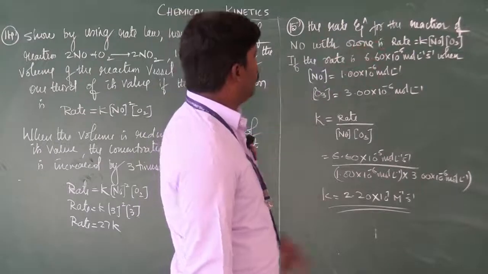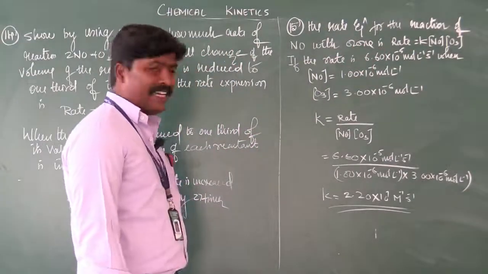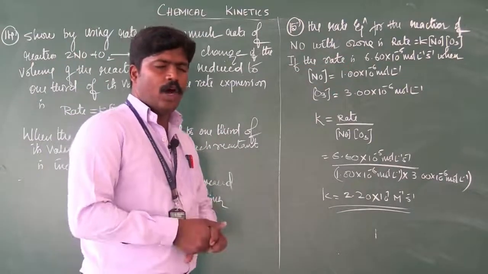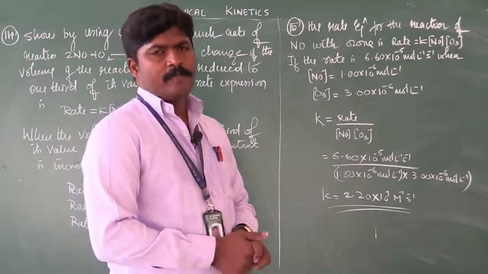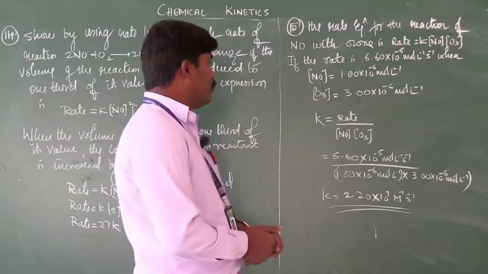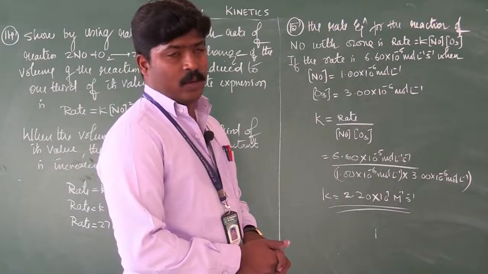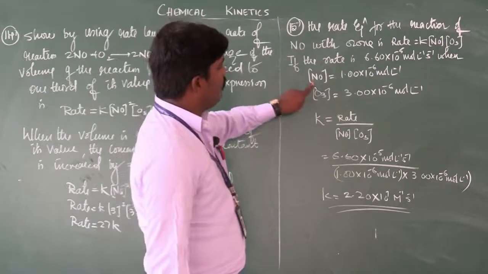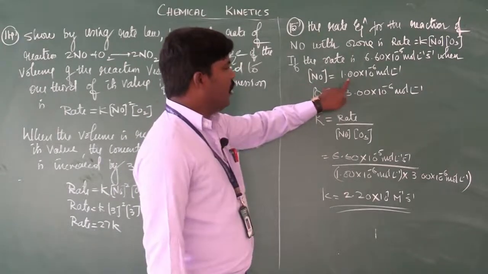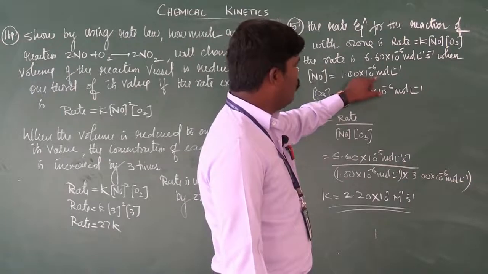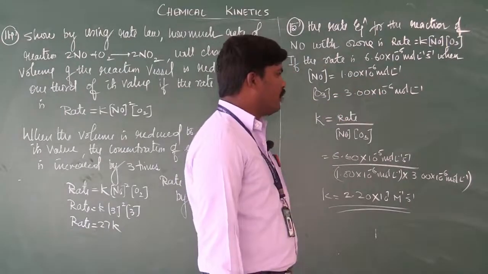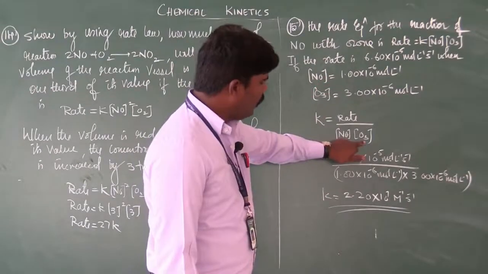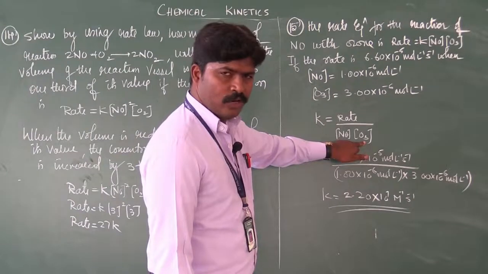The rate equation of the reaction of nitrogen monoxide with ozone is rate is equal to K[NO][O₃], the molar concentration of nitric oxide, that is nitrogen monoxide, into the molar concentration of ozone. If the rate is 6.60 × 10⁻⁵ mole per liter per second, when the concentration of nitric oxide is 1.00 × 10⁻⁶ mole per liter and ozone is 3.00 × 10⁻⁶ mole per liter, K is equal to rate by [NO] into [O₃].